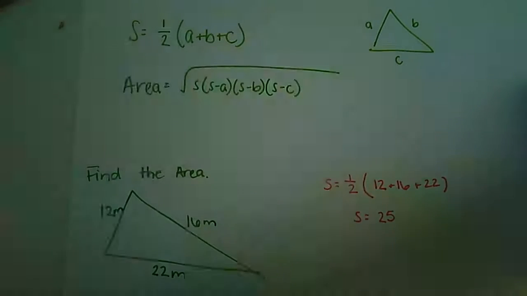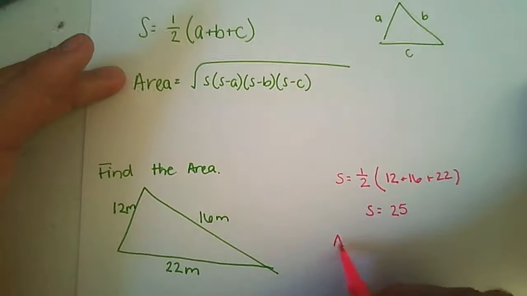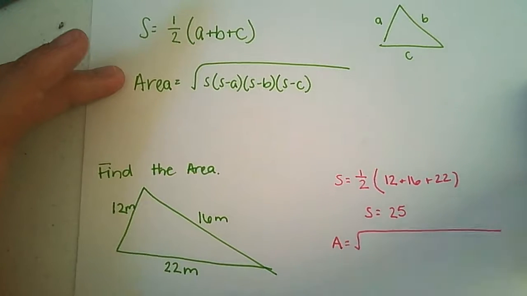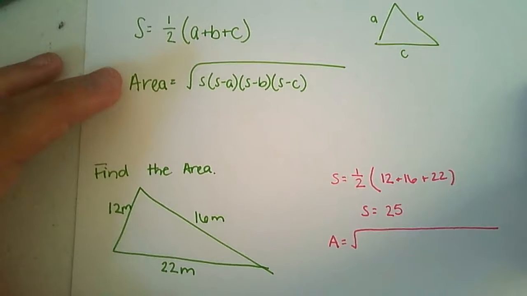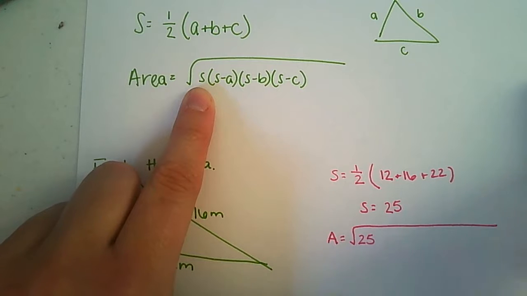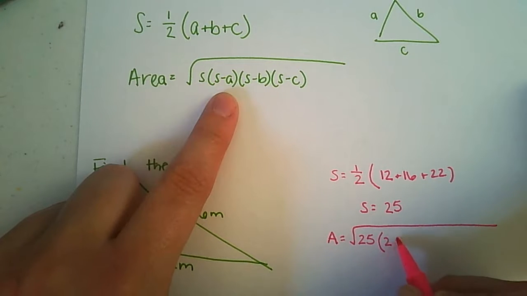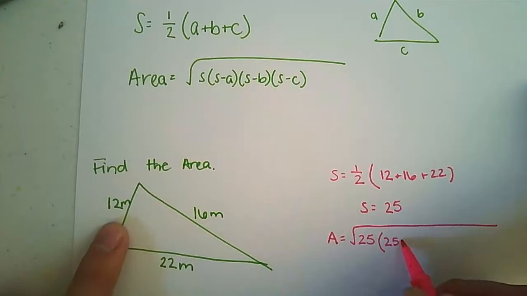All right, next thing we do is we're going to use that actual area formula. So the area, we have the square root, and then we have our S value, which we found to be 25. Then you times that by the S value minus one of the sides.